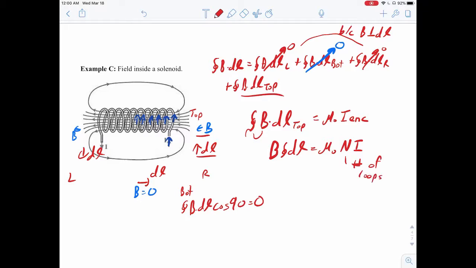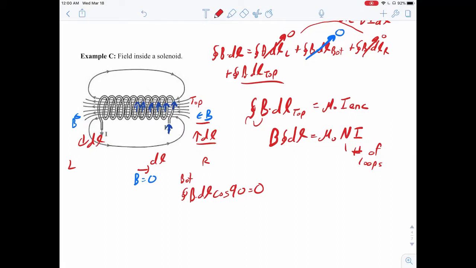Okay, so the field due to a solenoid then, you have B. This length here, that's the relevant length of the solenoid. So our Amperian path, that's only that side that goes through.